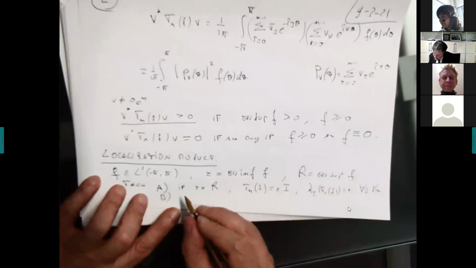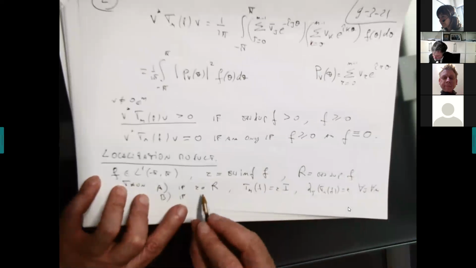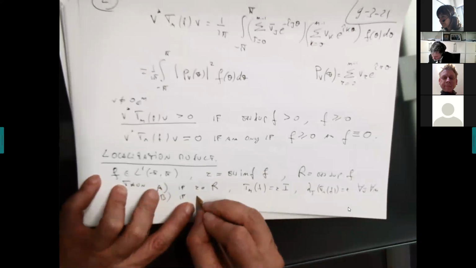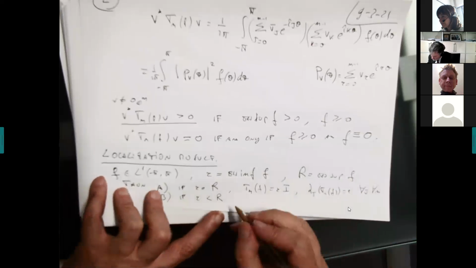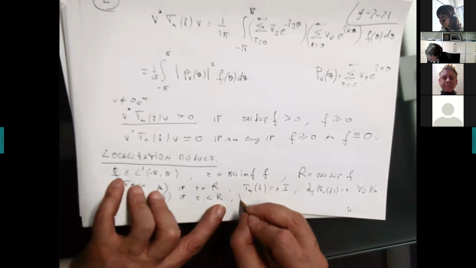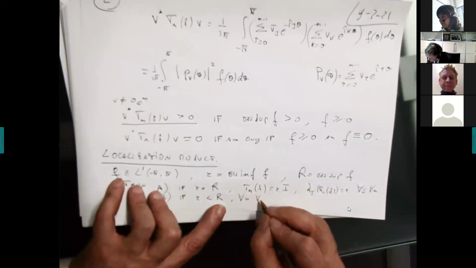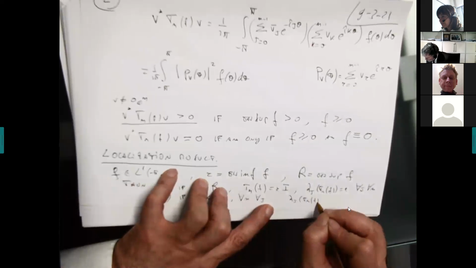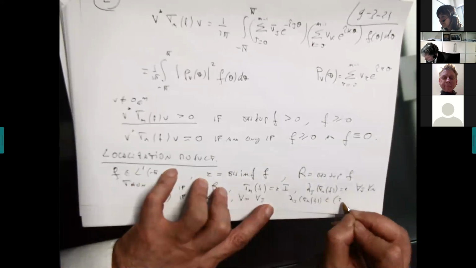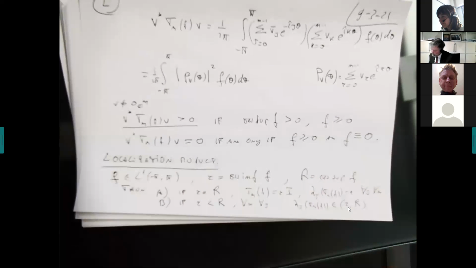B, if we are not in the stupid case, because this is really stupid, so the infimum is less than the supremum, then for any n, for any j, lambda_j of T_n(f) stays in the open set (small r, big R). Okay?